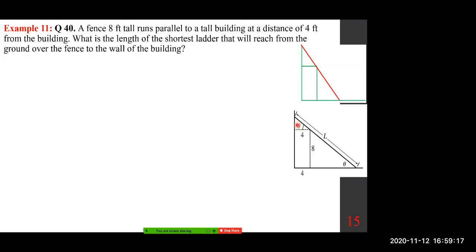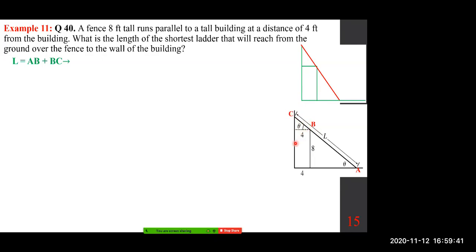We are interested in finding L, where L is the sum of AB and BC. Class, L is AB plus BC. So in this triangle, we find AB because we have 8. In this one, we find BC because we have 4.